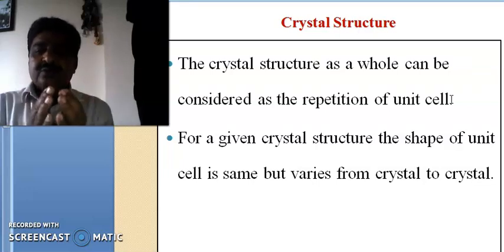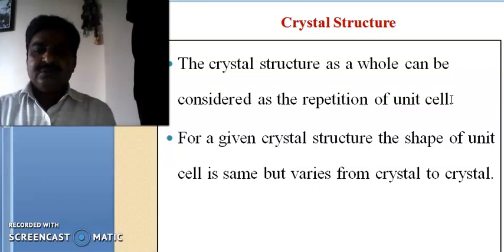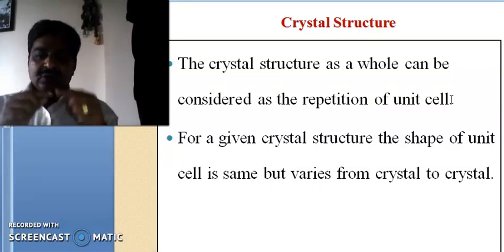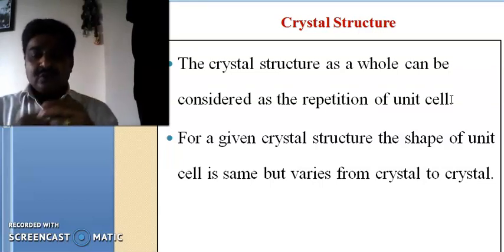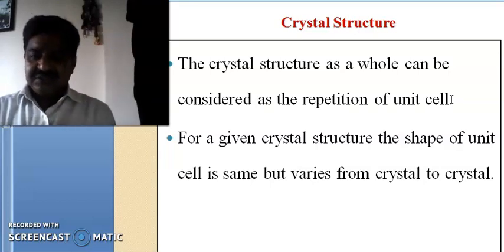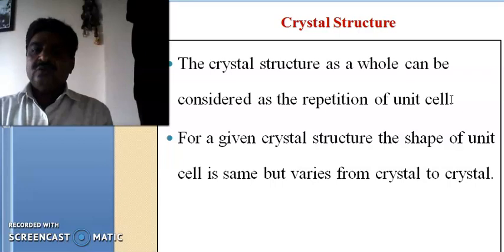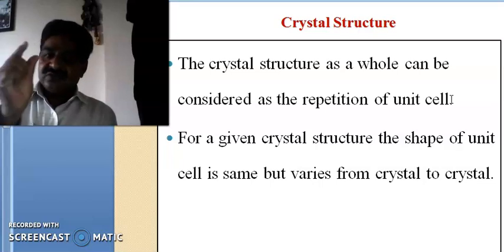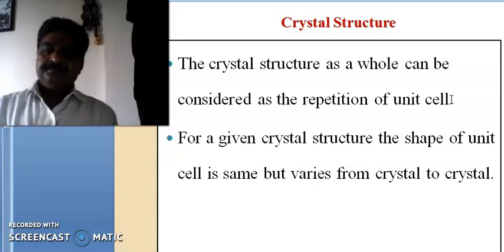A number of atoms accumulate together and a chalk is formed. So the total atoms together we call the chalk. Likewise, the entire crystal structure can be considered as the repetition of units.